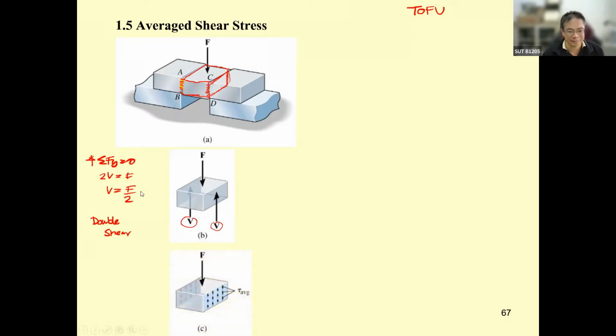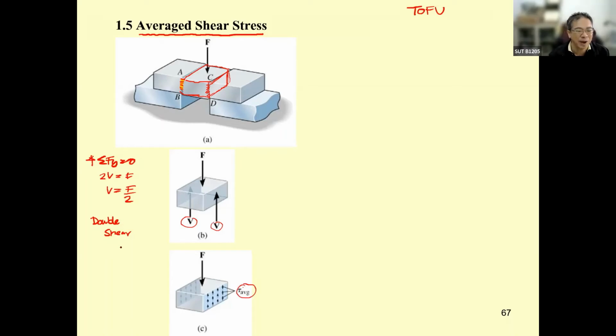Typically, by the assumptions we mentioned, the material is isotropic and homogeneous, the deformation is very small, and the stress is less than the yielding stress. We may assume the stress is distributed over here.